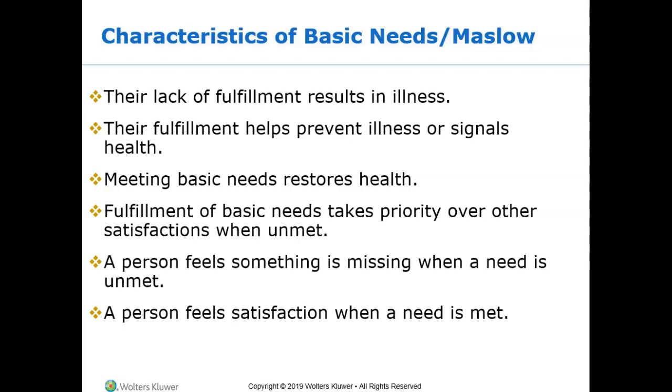Basic needs take priority over the satisfactions that are unmet, which you'll see when we flip to the next slide. And people may feel like something is missing in their life when they have an unmet need, versus they're satisfied when that need is met.